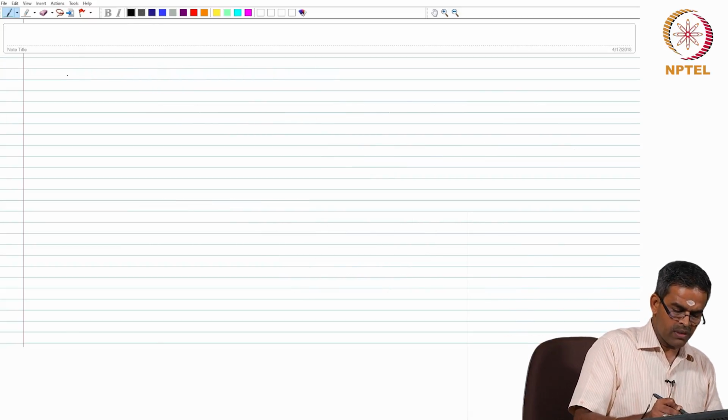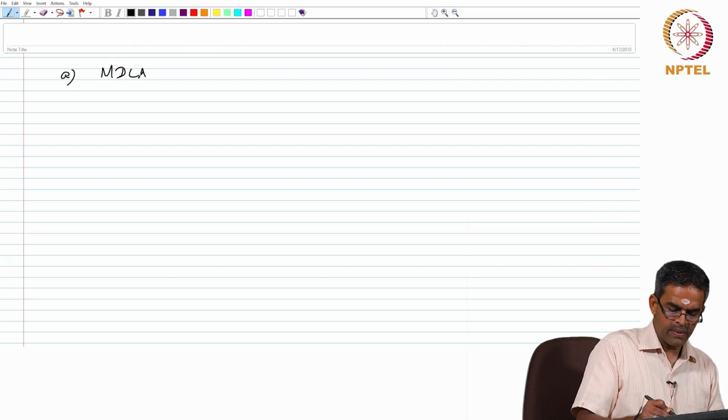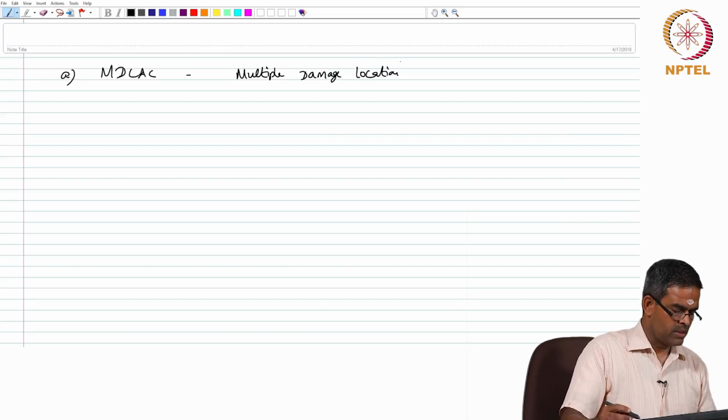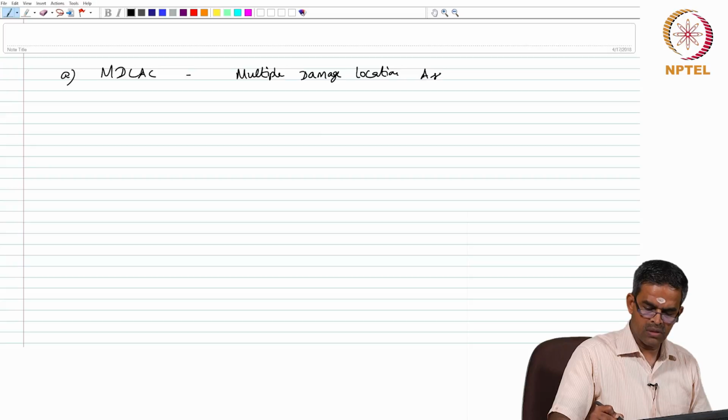Let us see the first method in this, which is MDLAC, which abbreviates multiple damage location assurance criteria.